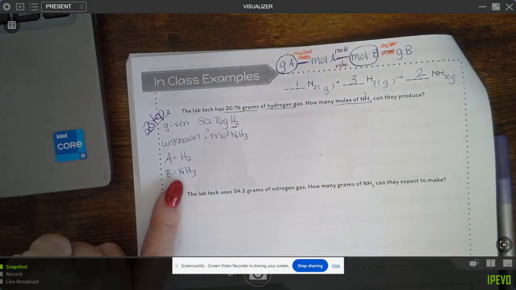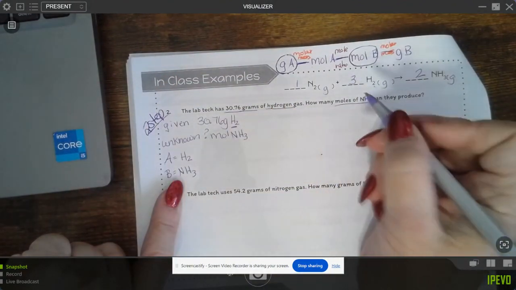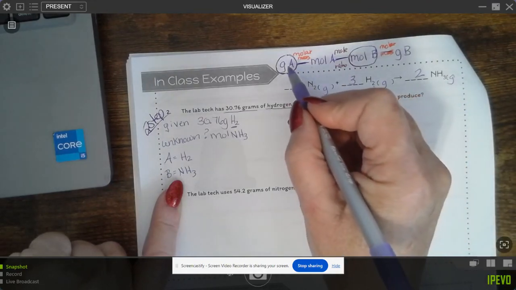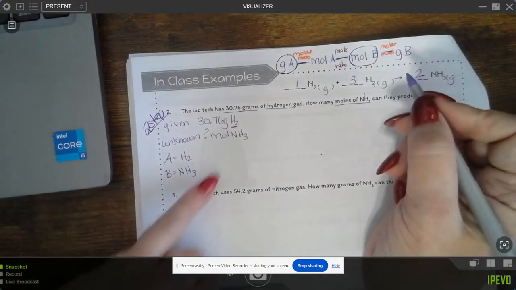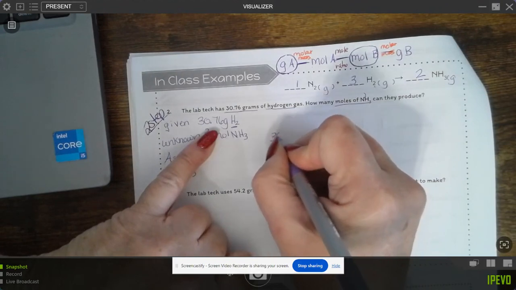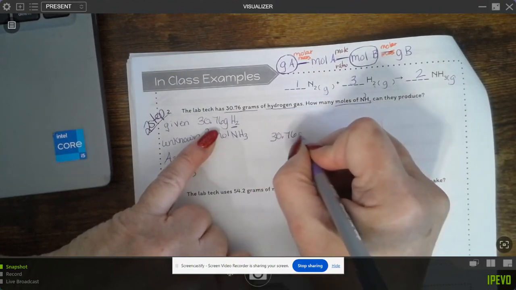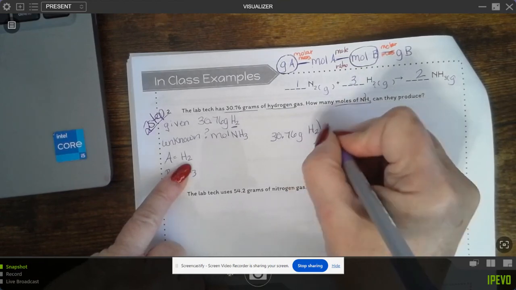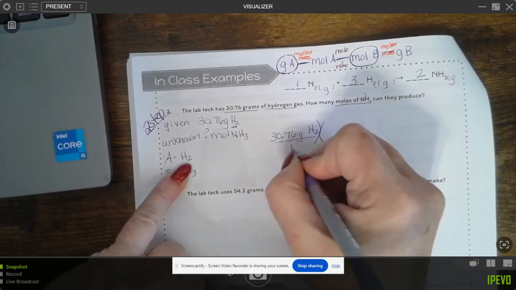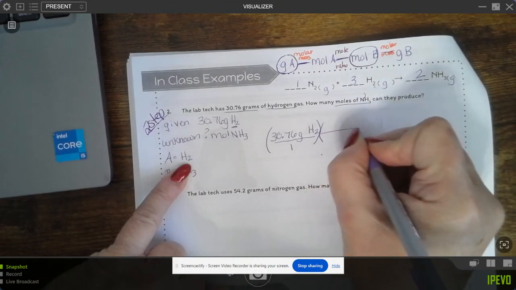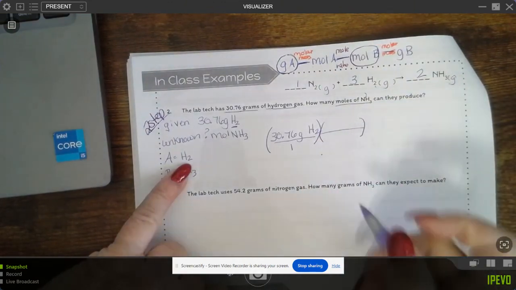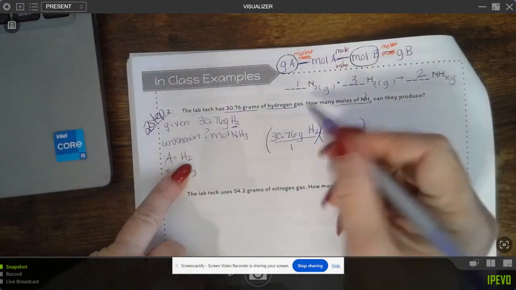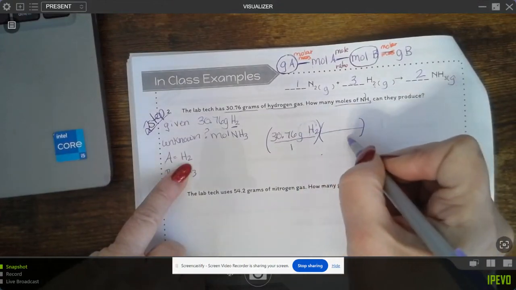All right, so let's set it up. First step is going to be to go from grams of A to moles of A. So we write down our given, 30.76 grams. A is hydrogen, so H2 over 1. Now, we always know that whatever units we have here have to move down.